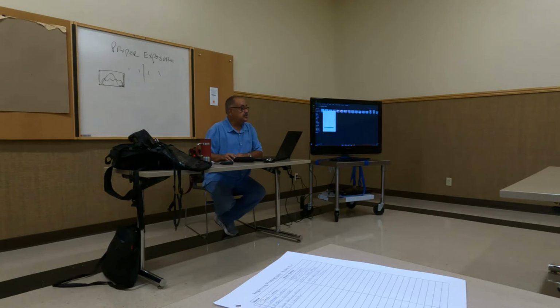Shooting at 2.8 on 400 ISO. What kind of mode are you shooting in? Do you know? Aperture priority. Aperture priority, you said that's 2.8? Yeah. Okay. So you're shooting all your images in aperture priority then? Yes. Okay. All right, let's go ahead and open them up.